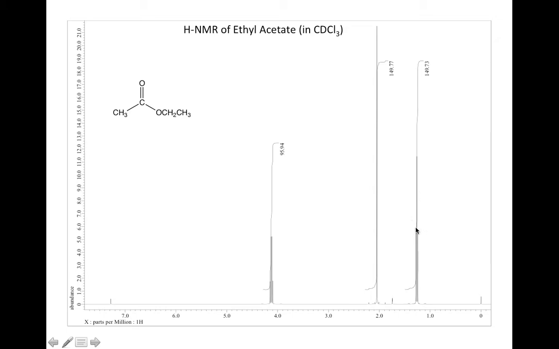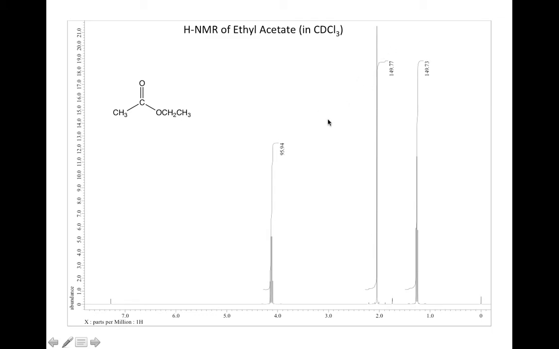If you added the size of those peaks together, you'd see that they'd add up almost exactly to the same size as that one. Whereas if you added the heights of these 1, 2, 3, 4 lines here, they'd be a little bit shorter than that. So that's one way that you can do a crude analysis if there's not an integral on it. But again, you're not going to be able to get the accuracy that you really want. So normally you're going to want to have an integral on your spectrum.